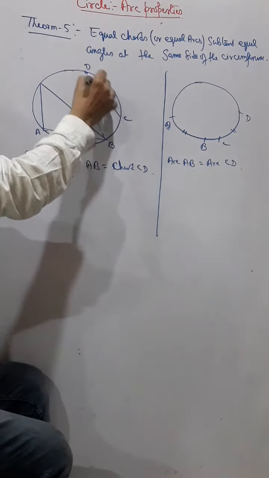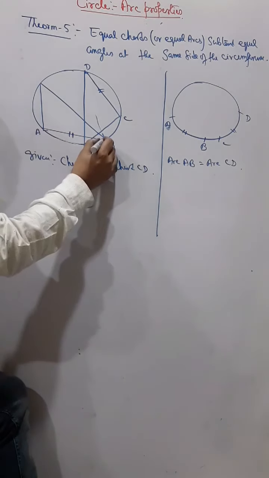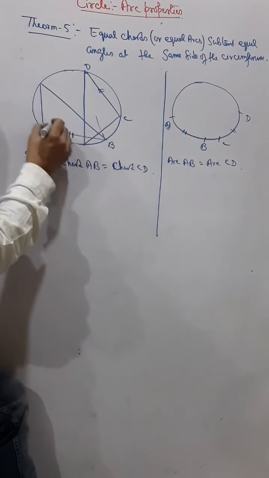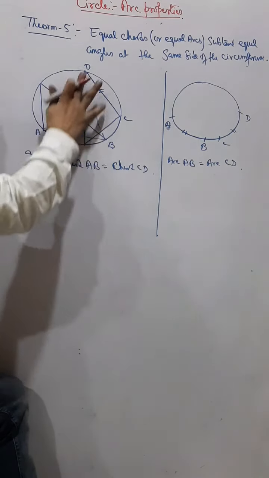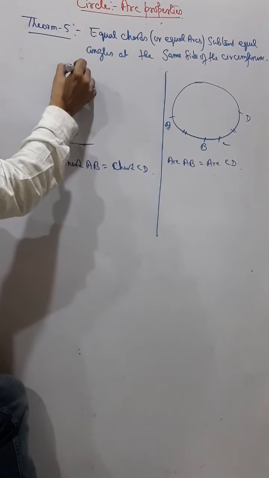So suppose this arc AB is subtending this angle, or better, I'm just changing, you can understand better.